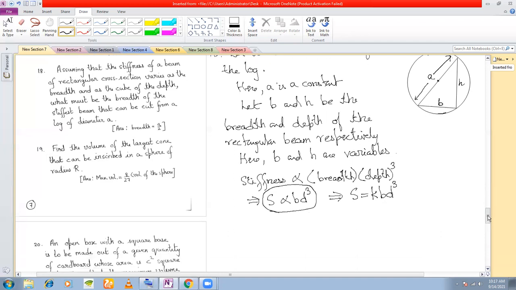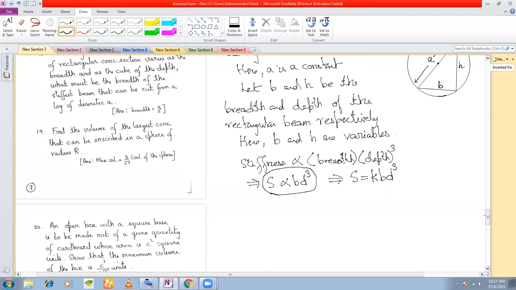So S is equal to K BD cube. In fact, I've taken D as H, so it is K BH cube.